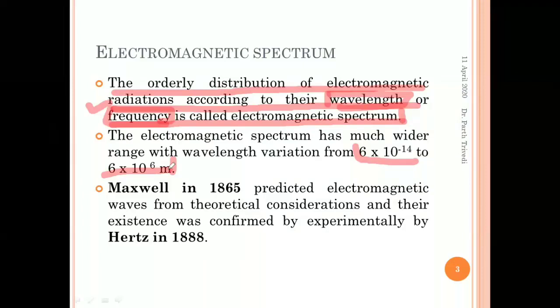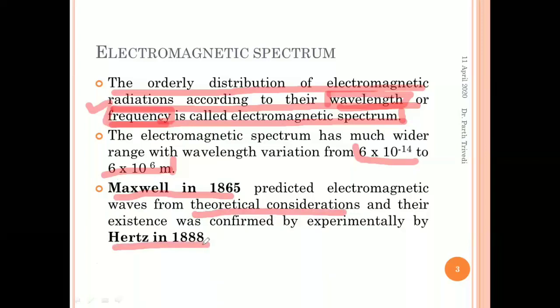And the credit goes to whom? The credit goes to Maxwell in 1865. Maxwell in 1865 had predicted the electromagnetic spectrum theoretically, and Hertz in 1888 confirmed it through experiment.